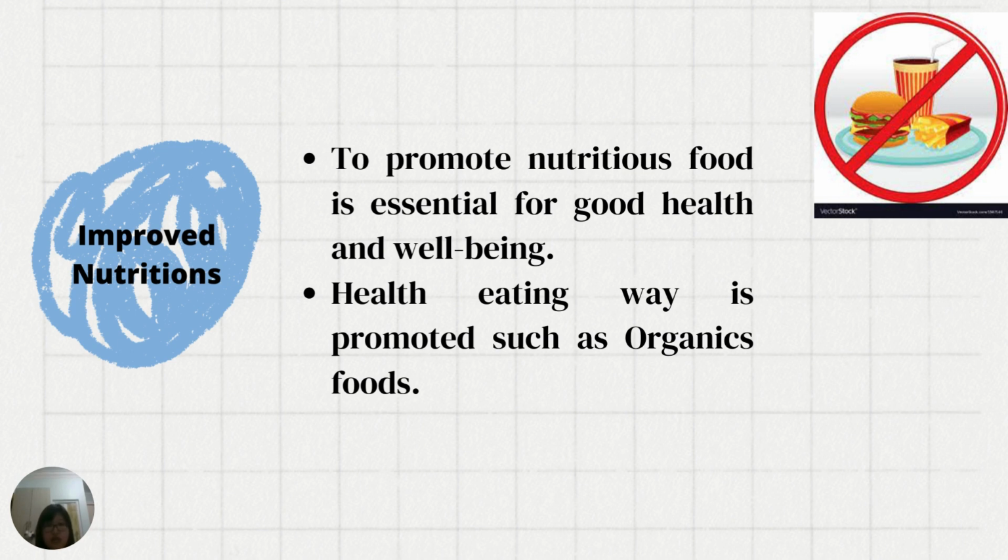Improved nutrition is not just related to agricultural food. It also tells people to stop consuming fast food such as McDonald's and KFC. We are promoting a healthier life and want to make ourselves nutritious.